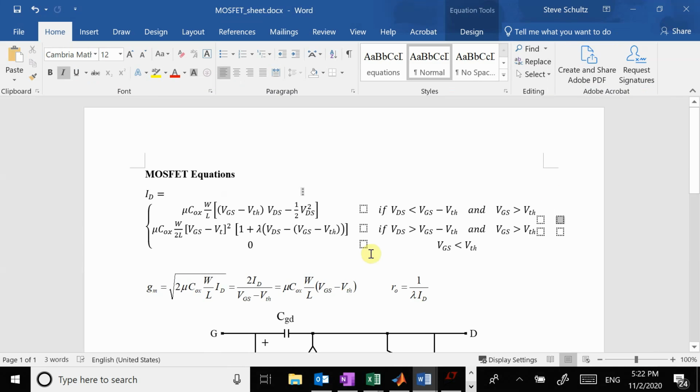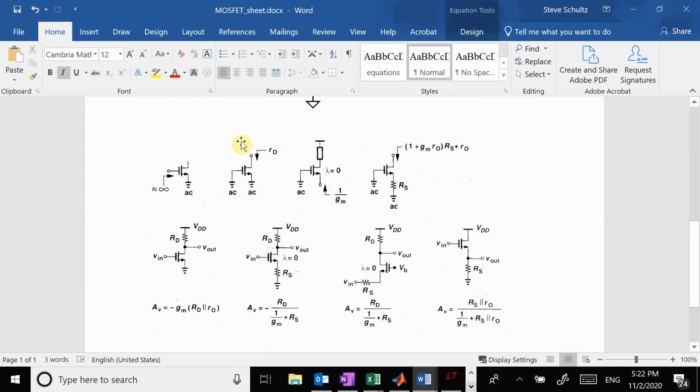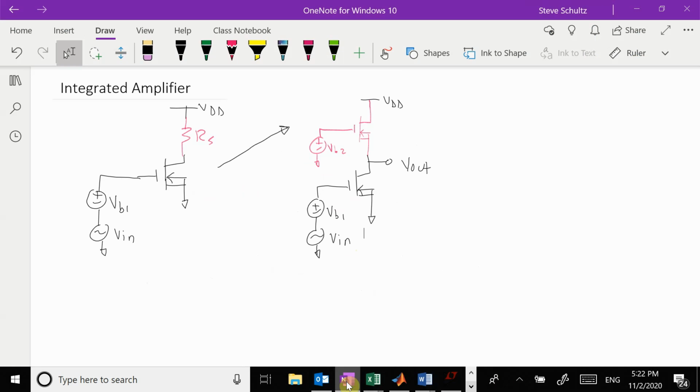equation sheet. So let's go over here and look at our equation sheet. So we are looking into the right in here. Right here, we're looking into the source. If I look into the source, I get 1 over gm.